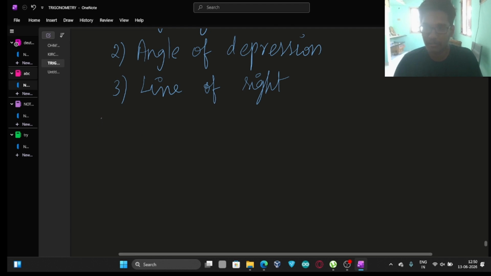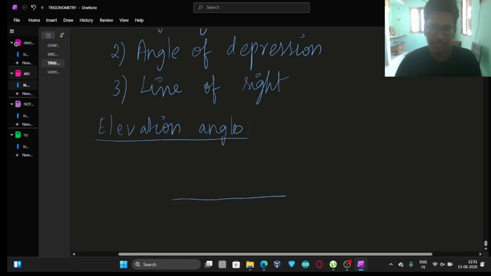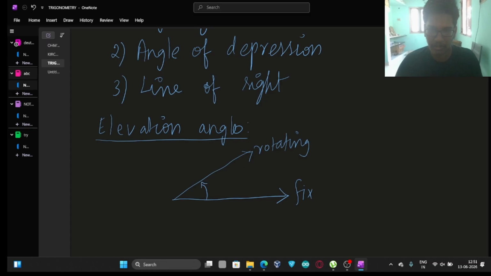Now, angle of elevation, or elevation angle in short. Say I am taking a fixed ray and a revolving ray, which means this is fixed and this is rotating, and this be theta e.